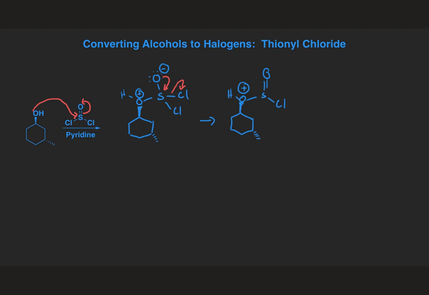That methyl group is still there. Now remember, pyridine was a good base, and so I'm just going to use B to indicate base. The electrons on that B are going to come in and pull that proton off.